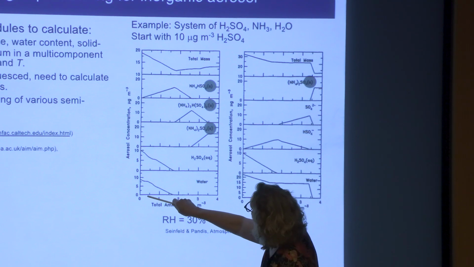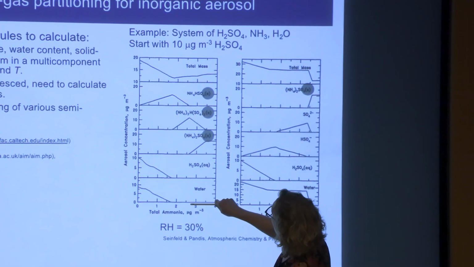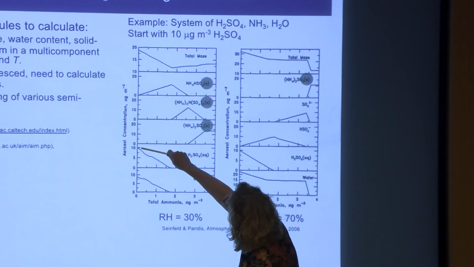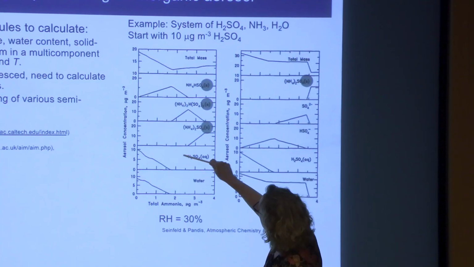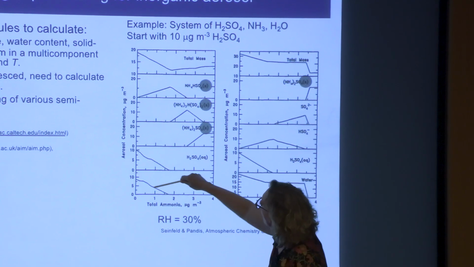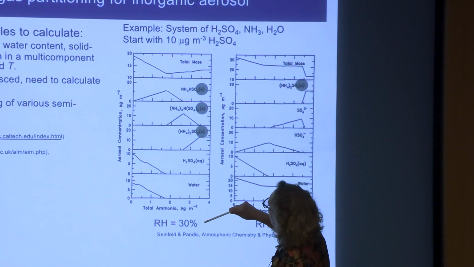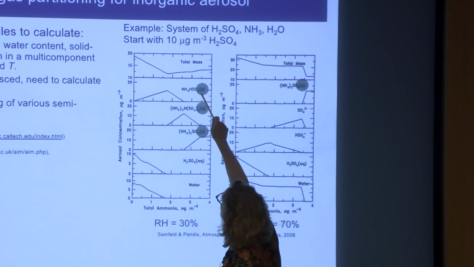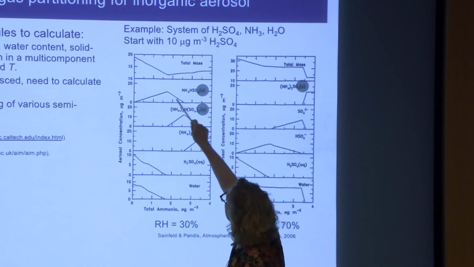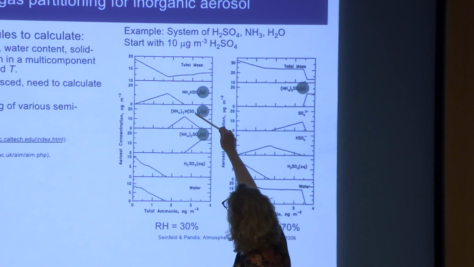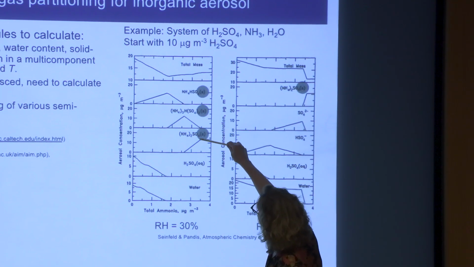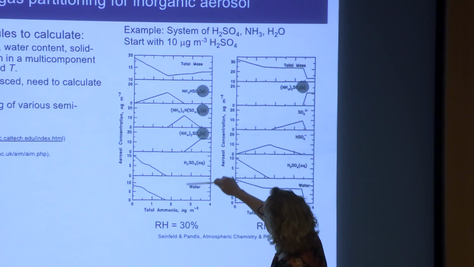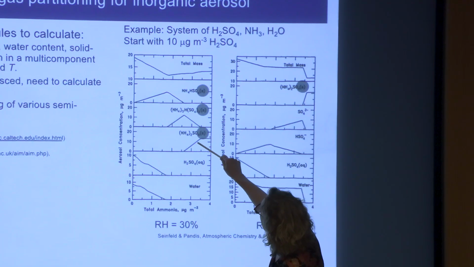And I add this up, and I get this point right there, up there. Now, as you are adding ammonia to the system, H2SO4 goes down, and then water also goes down because we are losing H2SO4, and other things form, right? So this is ammonium bisulfate that forms, and eventually we get ammonium sulfate once we add enough ammonia right here.